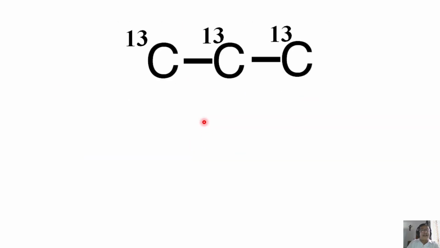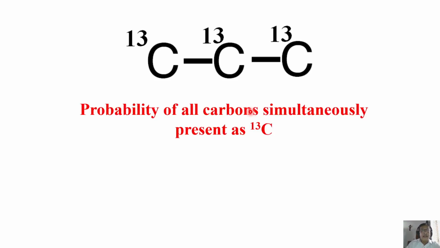Okay, that's fine. Now I will go to carbon 13 with 3 carbons. There are 3 carbons present in a molecule, bonded sequentially like this. What is the probability of all 3 being carbon 13 now? Up to this we know, 1 in 10,000. Now another 1 in 100.